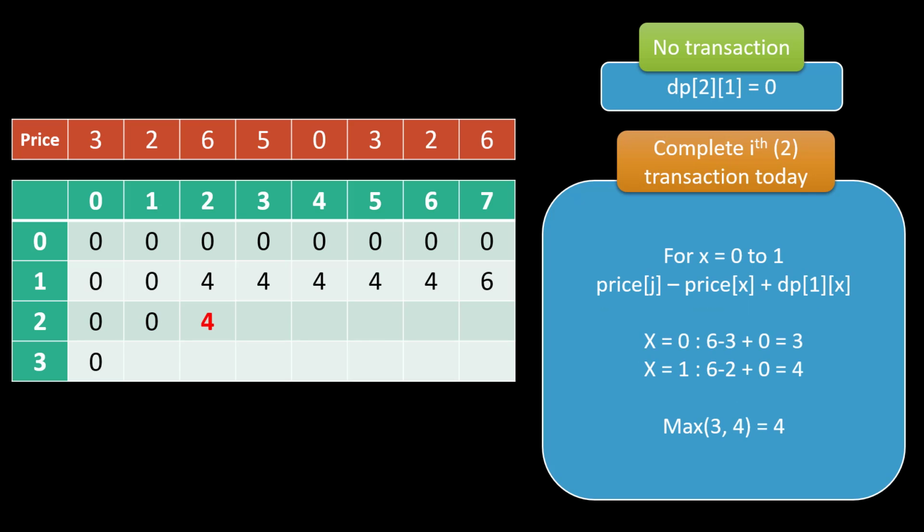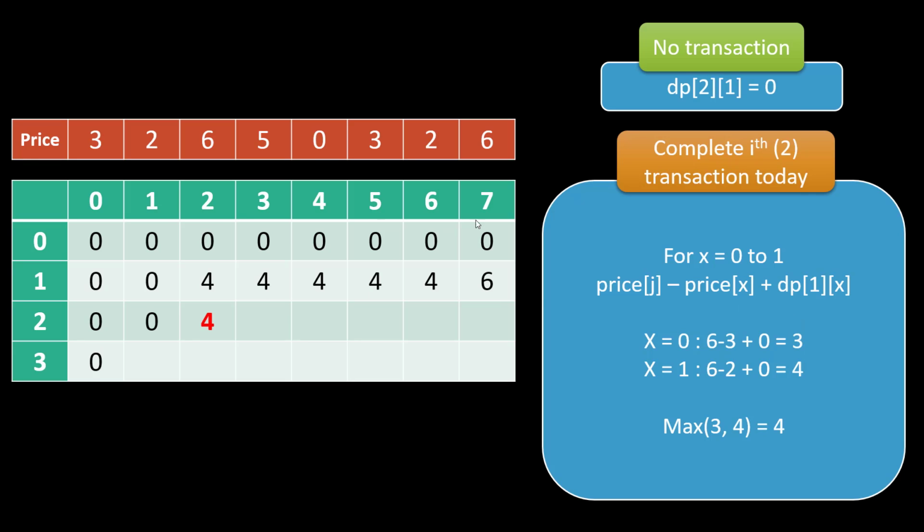Moving ahead, over here I can either not perform any transaction, that is take the previous profit, or perform a transaction, that is sell on the current day and buy on any of the previous days. So for x equal to 0, that is buying on the previous day, my result becomes 6 minus 3 plus the profit from doing i minus 1 transaction, which is doing one transaction till day 0, which is 0 itself.